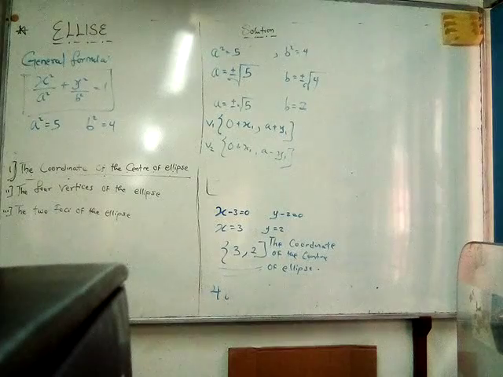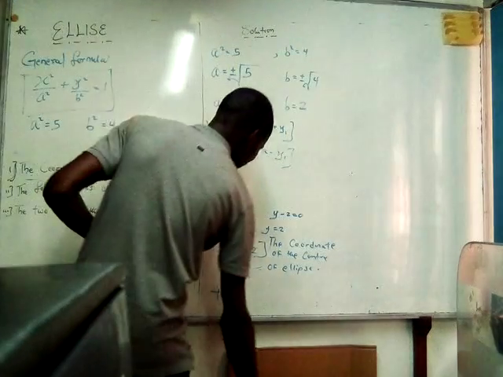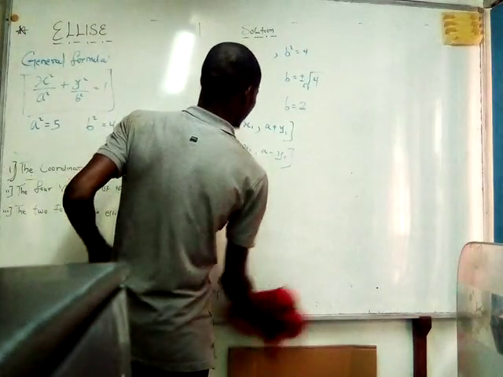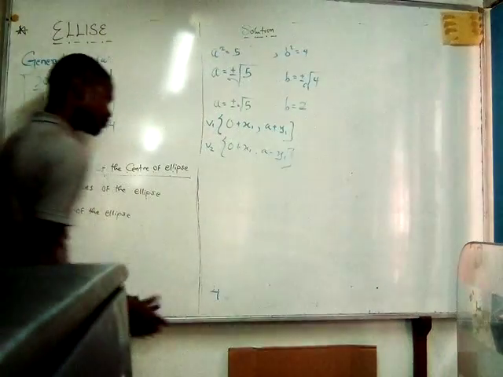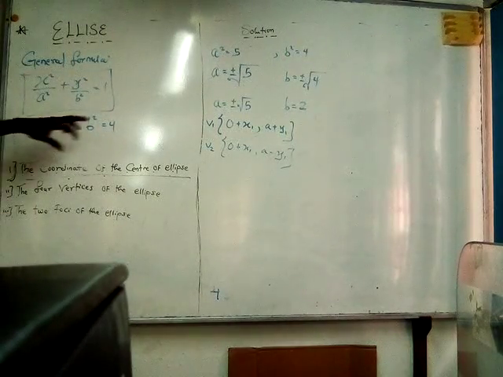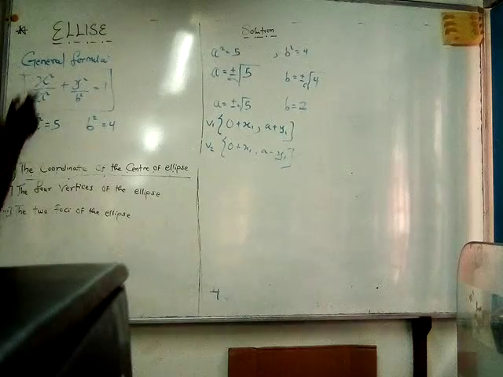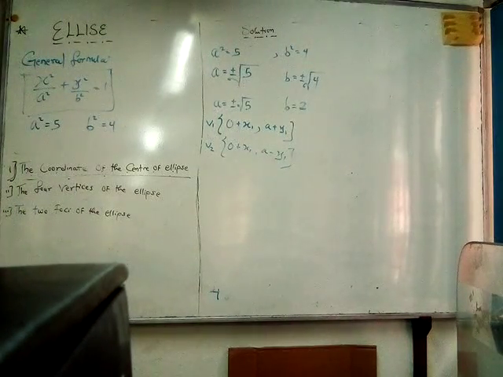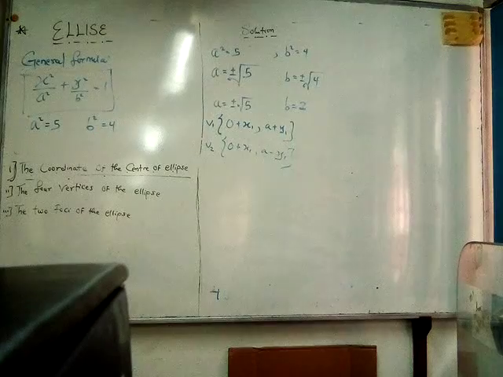So let's move forward. Hope we understand from that place. I said the general formula is x squared over a squared plus y squared over b squared equals 1.